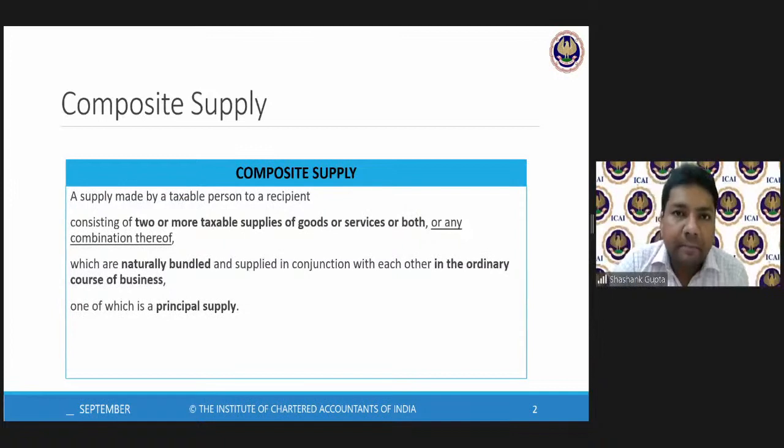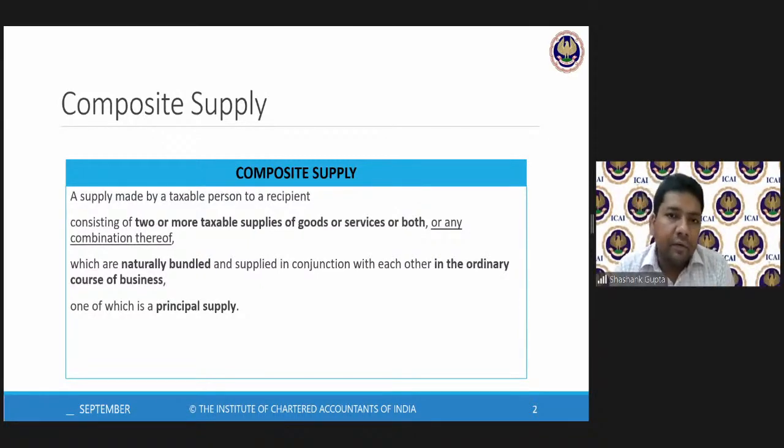Then there are concepts such as time of supply. That is, at what time tax is required to be deposited on a supply. These are separate for goods and separate for services. Then there is place of supply. That is, GST is a destination-based tax. And how do we determine the destination of any supply?